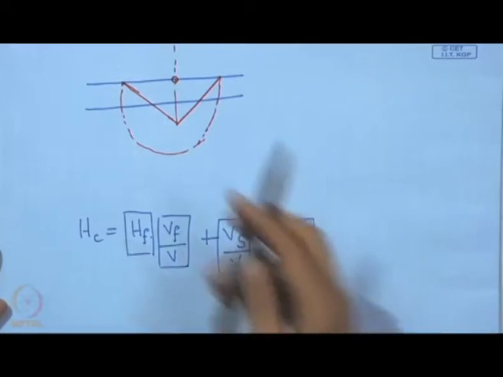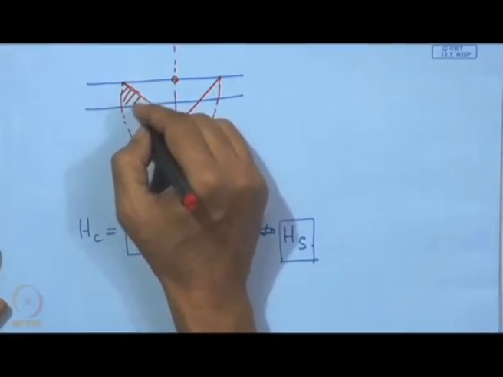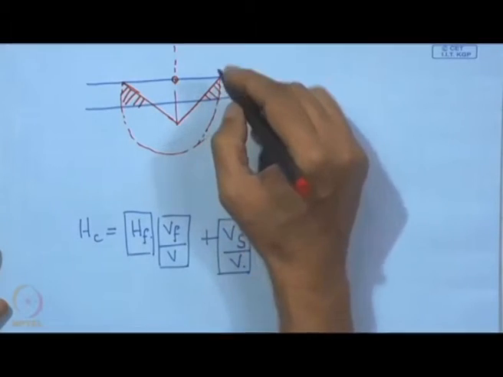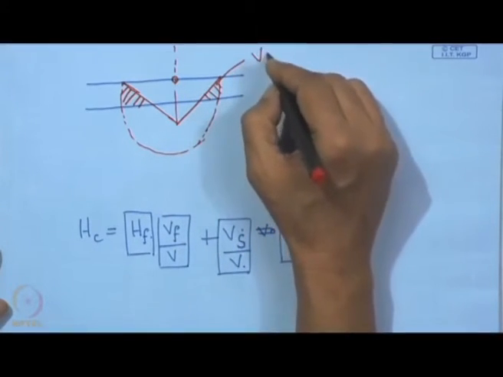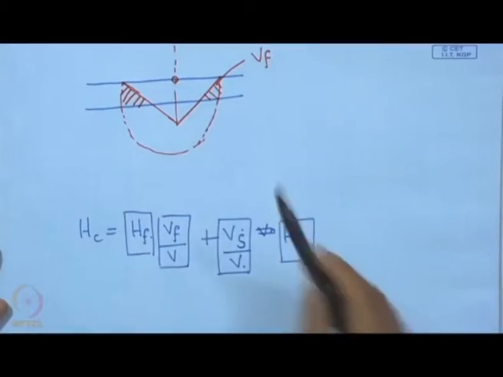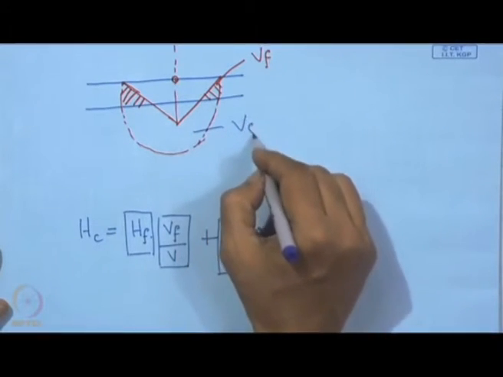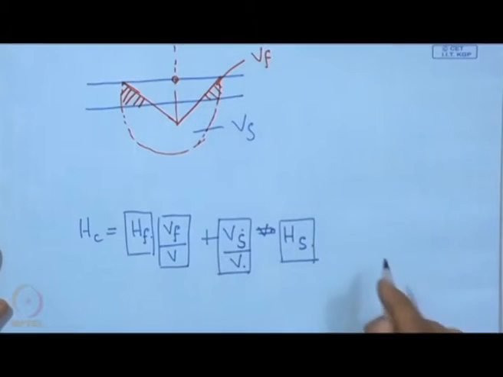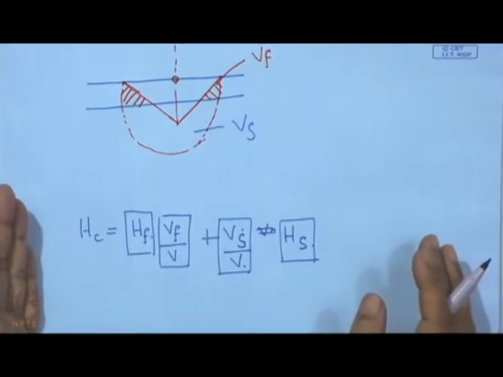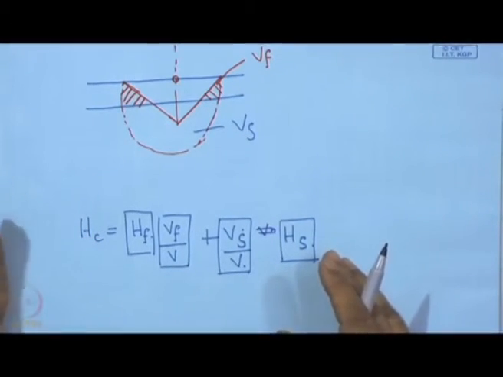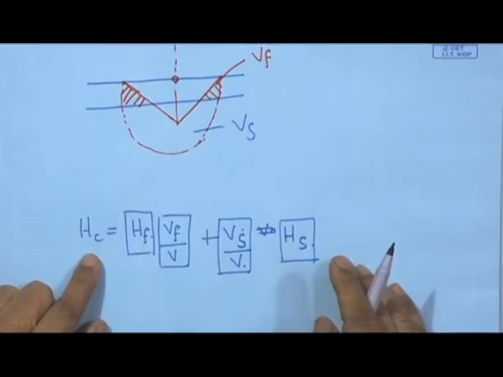So, apportionment would be that this area which is shaded here will be actually Vf, and the rest of the area is going to be Vs. So, with this Vf and Vs, that is also another consideration, forming another model for this determination of Hc.